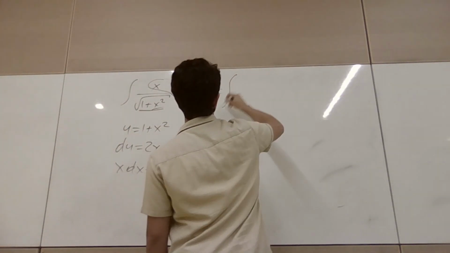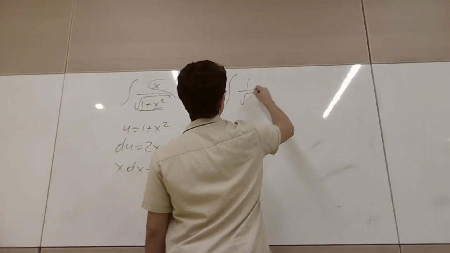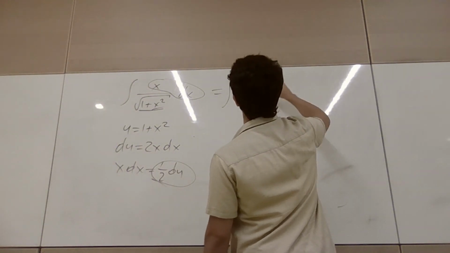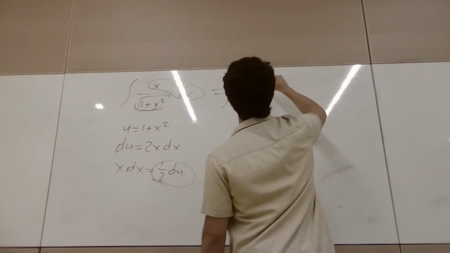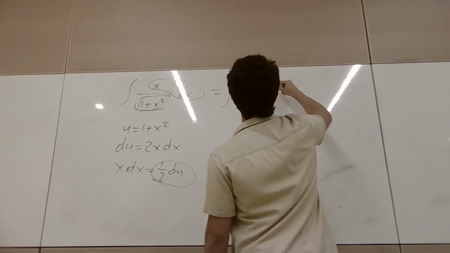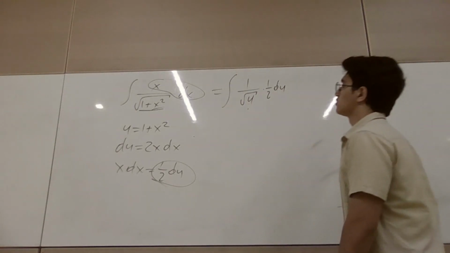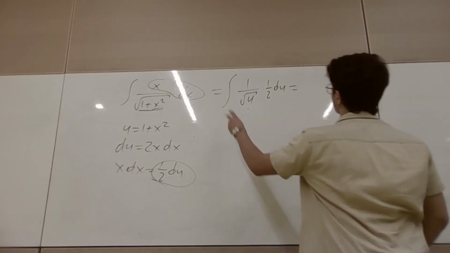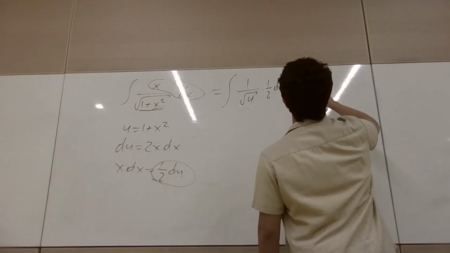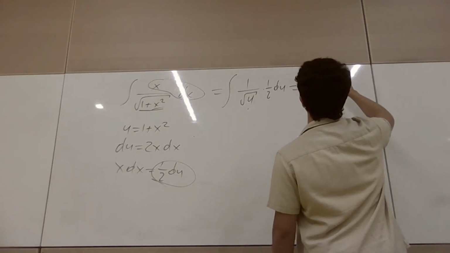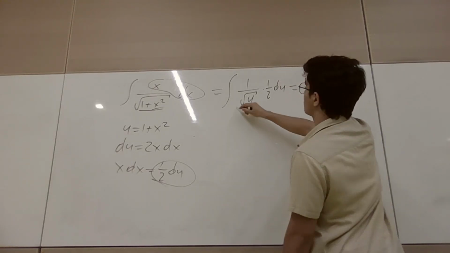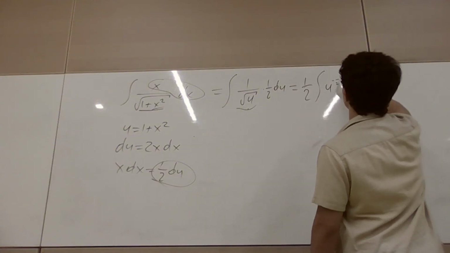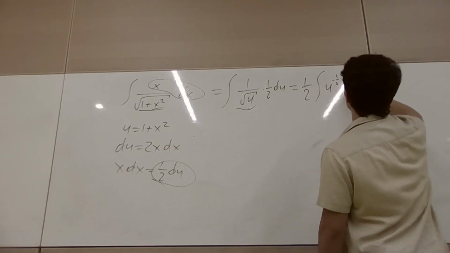So we have 1 over square root of u. We can get this by substitution, and then we pull the 1/2 outside the integral. I can write this as u to the power of minus 1/2 du.